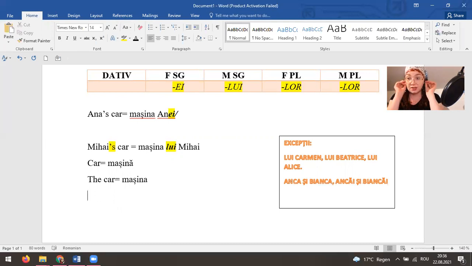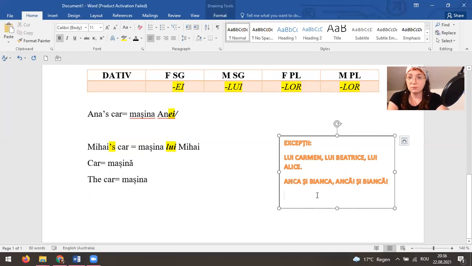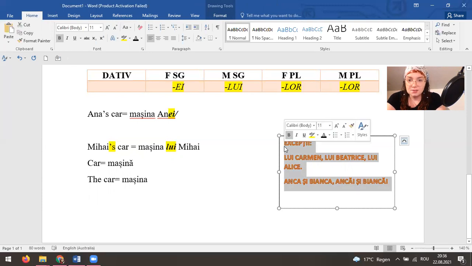Just be aware, don't get offended, it is our way of spelling, and it's in our vocabulary. If you don't like it, you can tell us, there is no problem, because we don't want you to think that we are making fun of you. No, it's just in our grammar. So these are the exceptions.